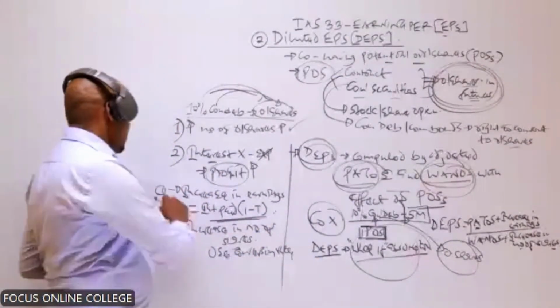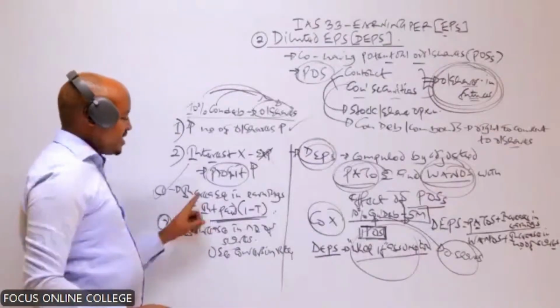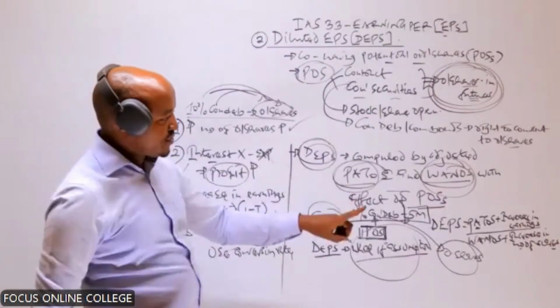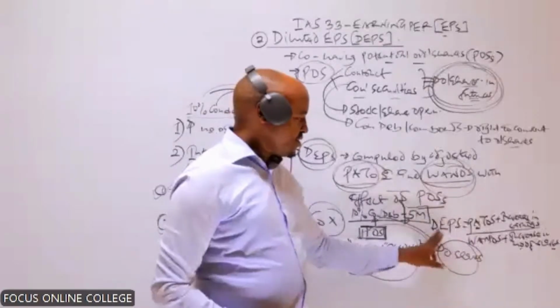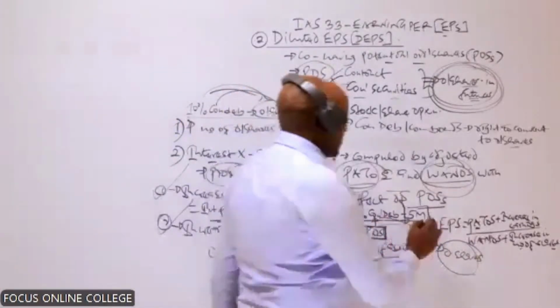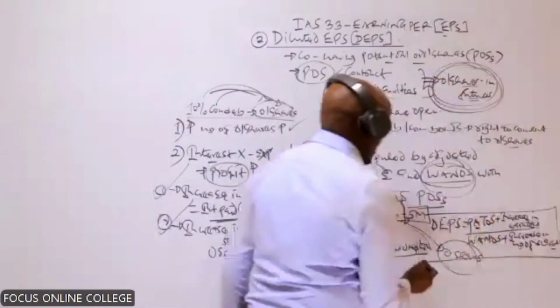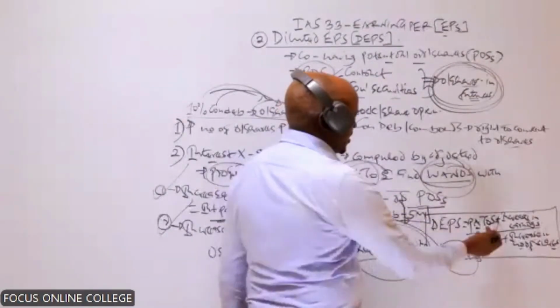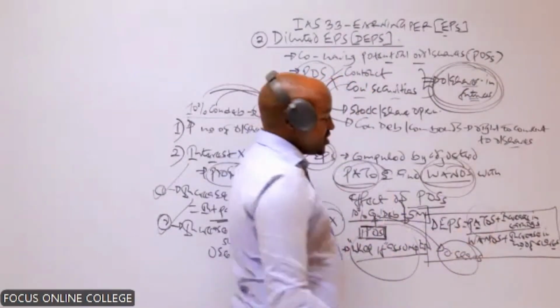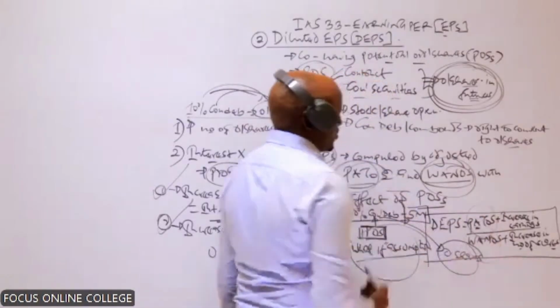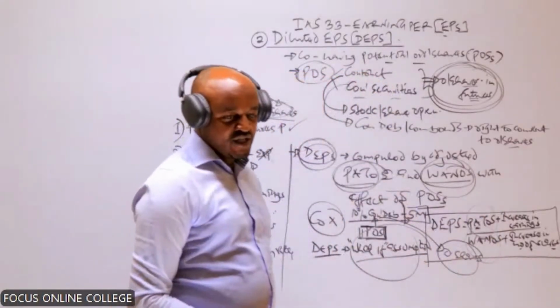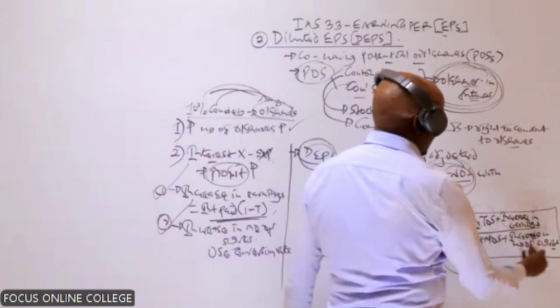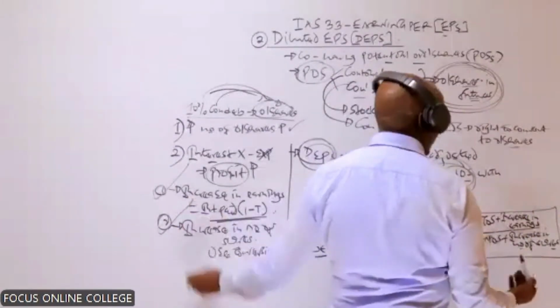So after computing these two items, the increase in earnings and increase in number of shares, you then proceed and compute the diluted earnings per share. This is the formula for computing the diluted earnings per share. You take the PATOS, which is used in the computation of basic earnings per share, and to the PATOS we add the increase in earnings, which we will have computed here.